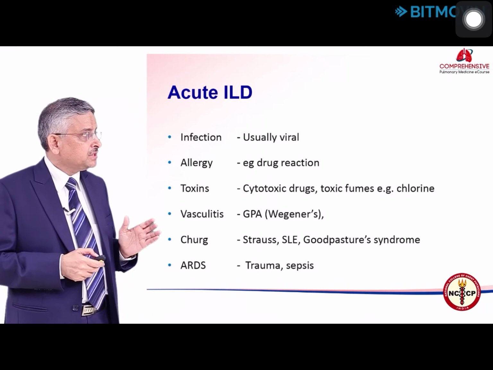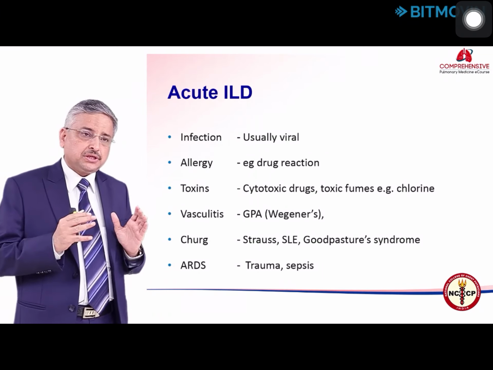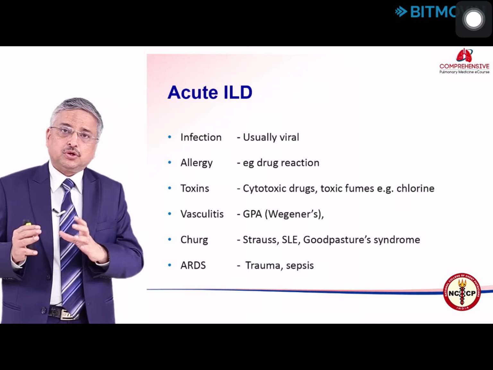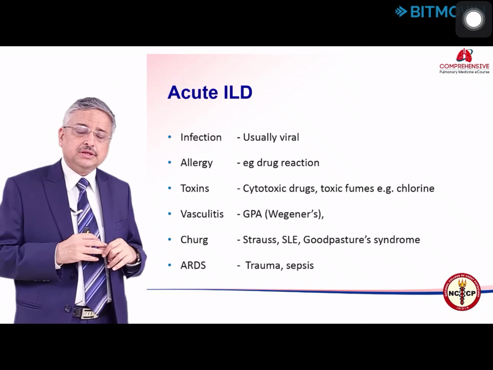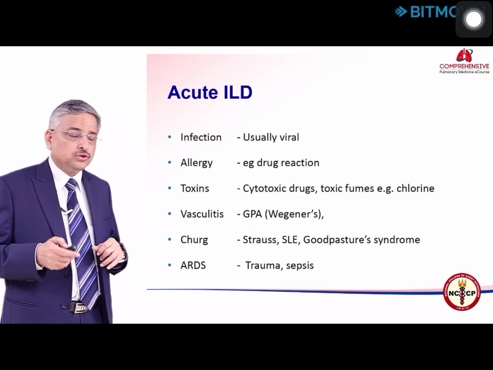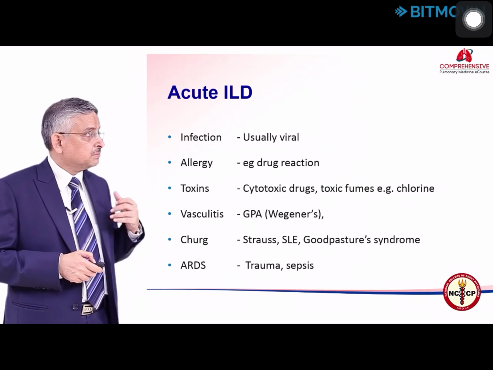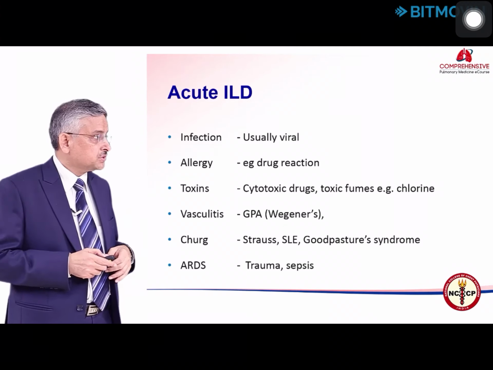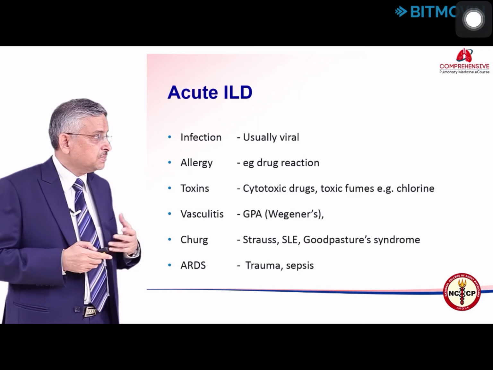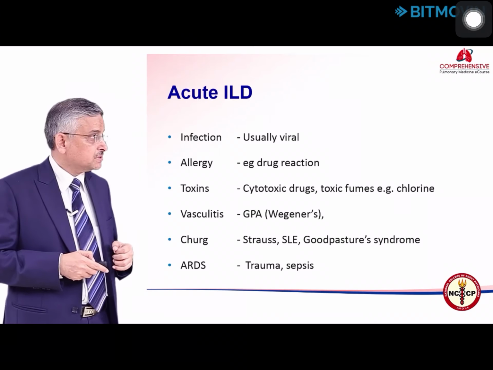Among the acute ILDs, remember interstitial lung disease presents acutely, can be infective, and a lot of viral infections can lead to bronchiolitis, can lead to inflammation of the interstitium, and that can cause an acute ILD. It can be allergen, it can be toxin related, especially cytotoxic drugs. Vasculitis can have an acute presentation, and AIP can be related to trauma and sepsis.